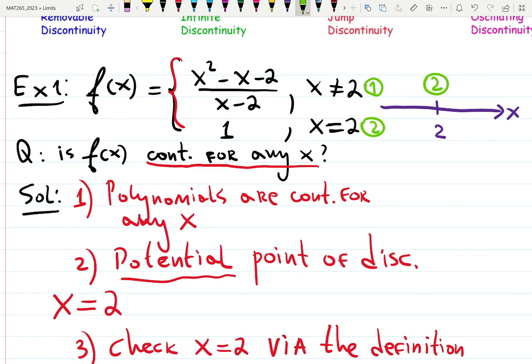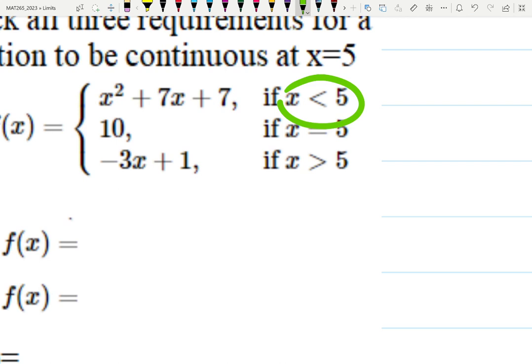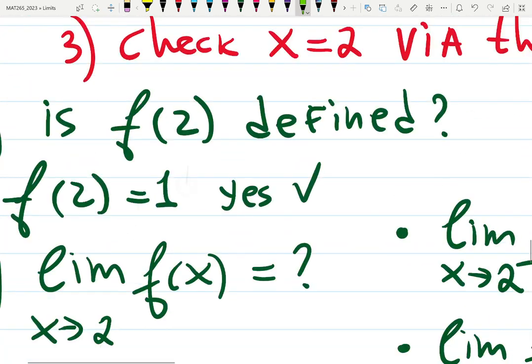And what is happening from the left of 2 and from the right of 2? Which function do we use? 1. How do you know? Because before we had inequalities like these. Before we had this, so I know it's before 5, after 5, at 5. But now it says x is not equal to 5. So how do you know that's the case?